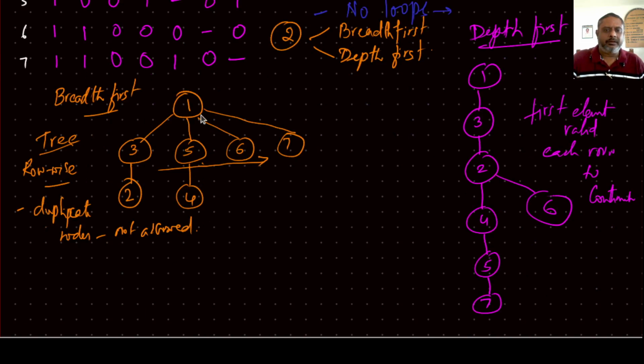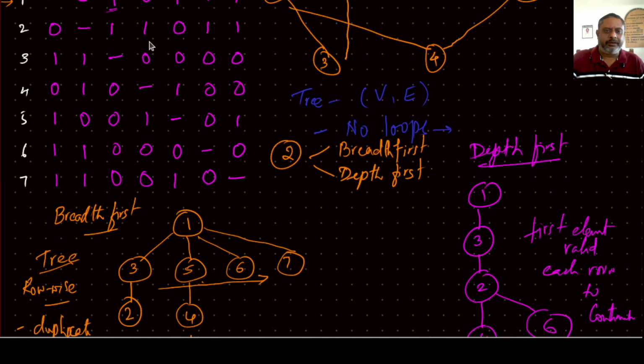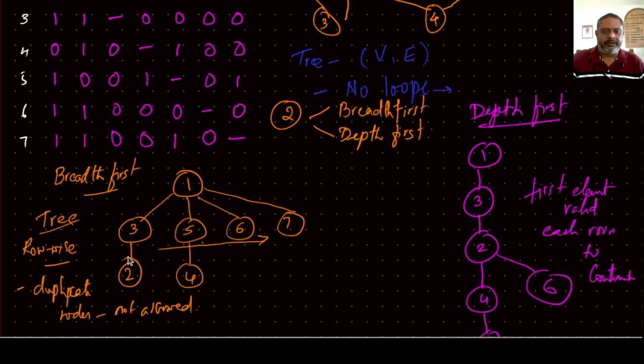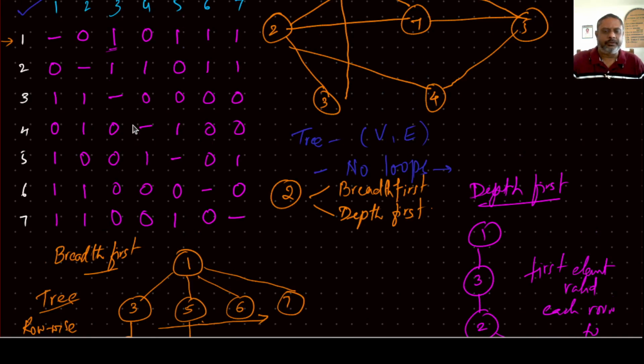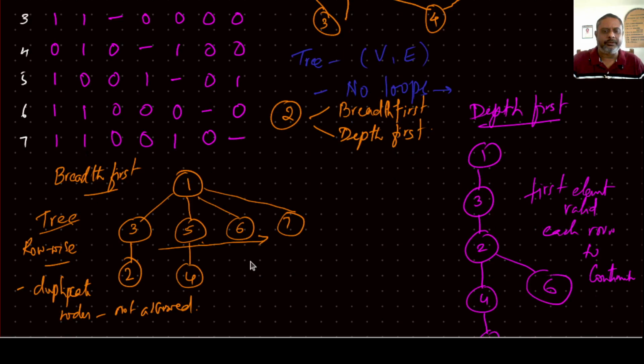Then the first element which was added is extended. So from 3, there is only one possibility. If there were more possibilities, we could have got more from 3. Same way, more from 5, more from 6, more from 7 may be possible if the possibility was there. It was not possible, so we couldn't write, but yes, it is possible.